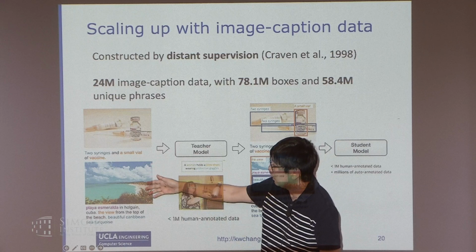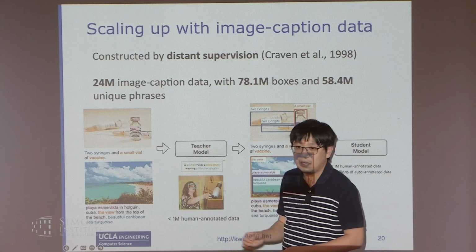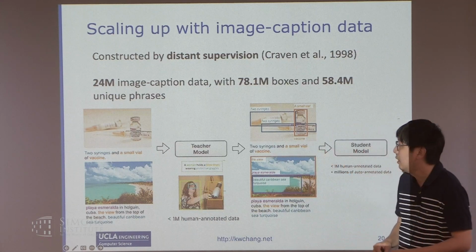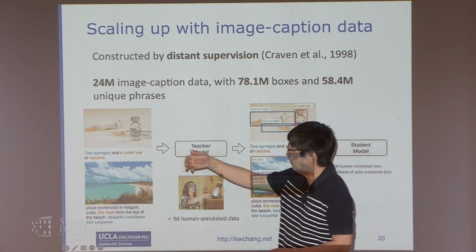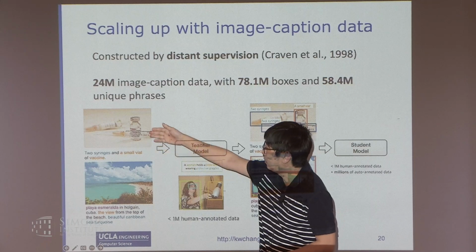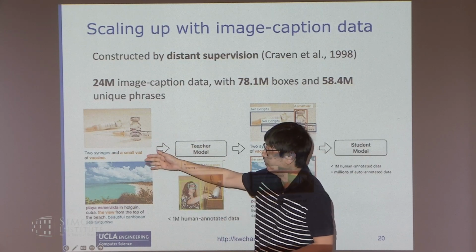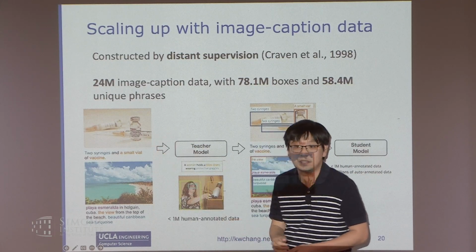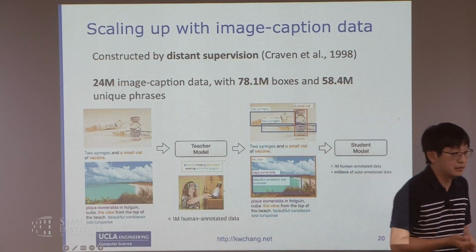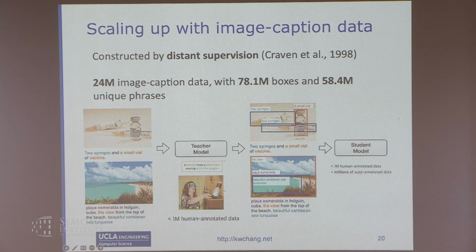And of course, originally the model may make a lot of errors, but you can assume that if this is a caption of this image, then most of the objects mentioned in the caption will be appearing in the image. So you can use that kind of assumption to help you train the model.